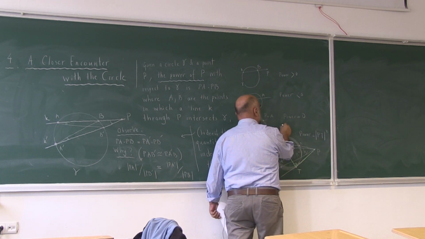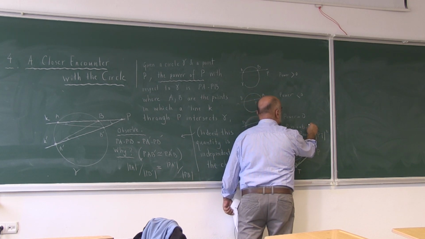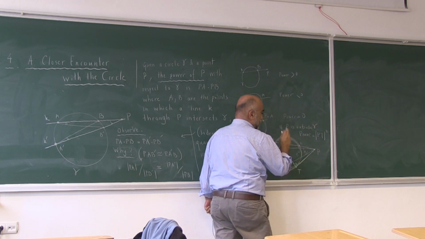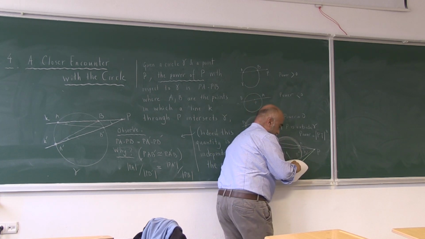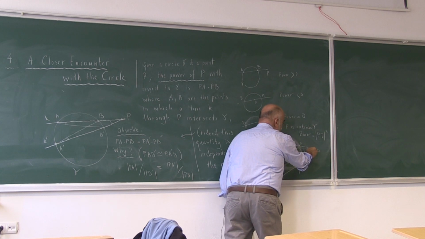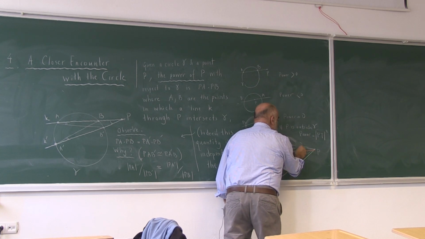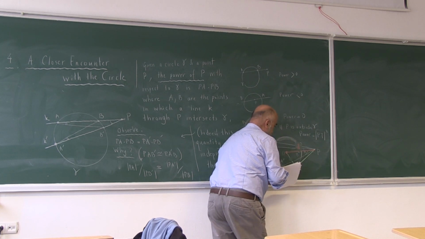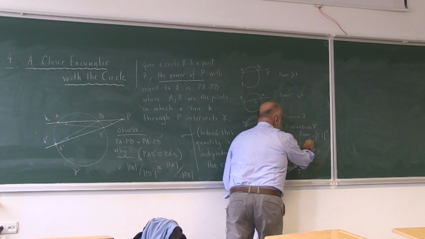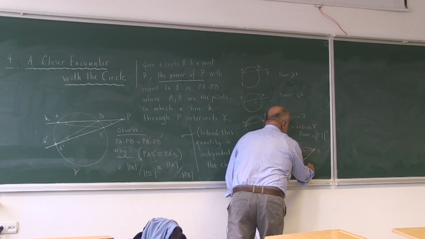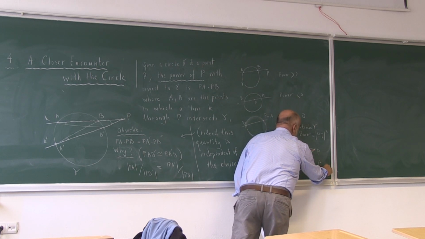Okay, so if P is outside gamma, then it's this. And even more remarkable: if you designate the distance between the point P and the center O with D, and the radius of the circle as R, then the theorem of Pythagoras tells us quite simply that this power is given by a very simple formula, which is D squared minus R squared.